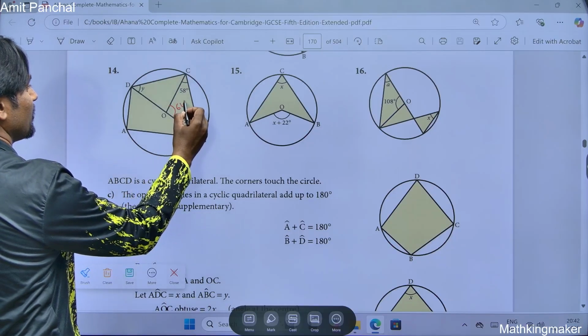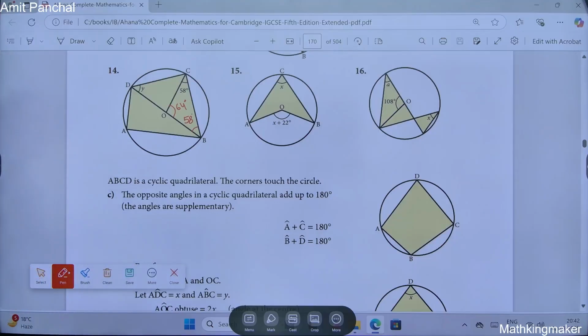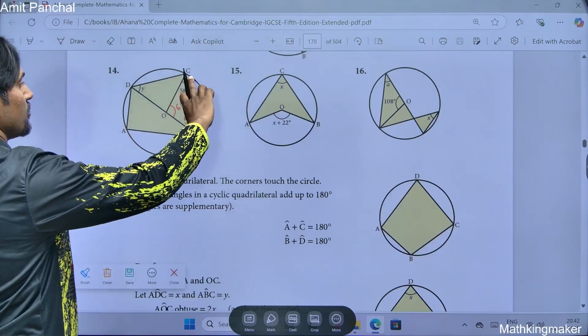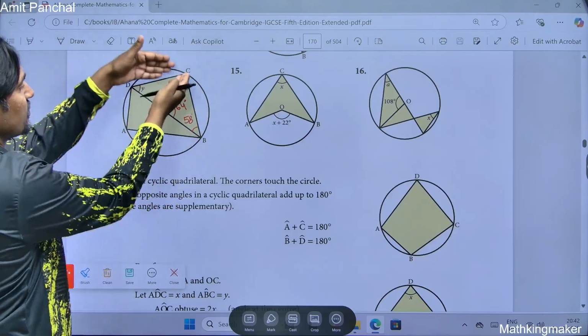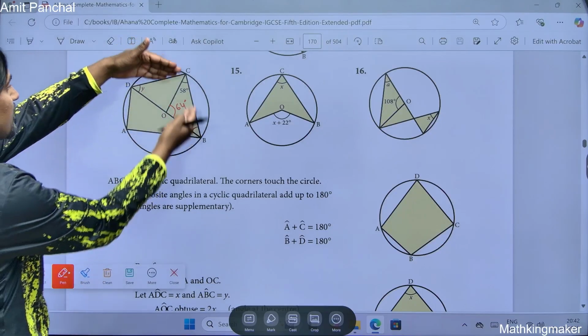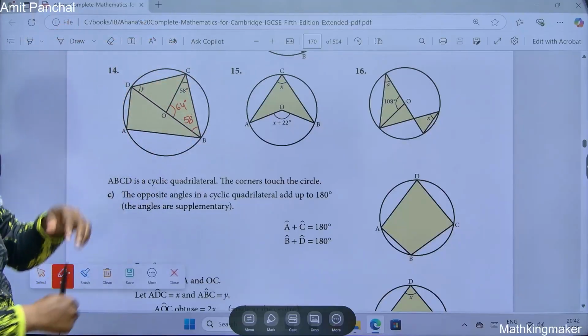Okay, very good. Then I take 180 minus that. See, BC is making 64 at the center and BC is making Y at the segment.